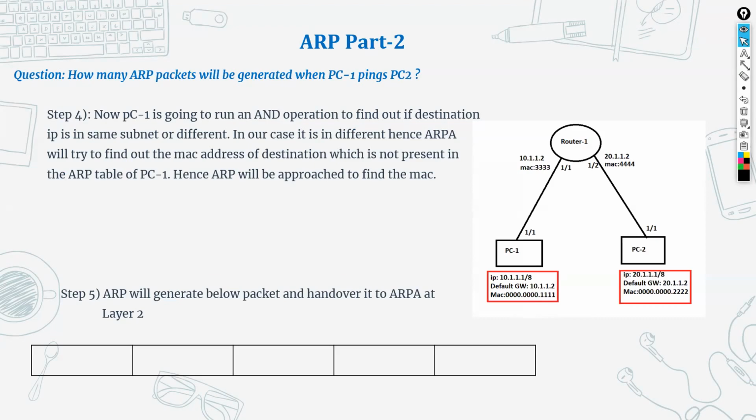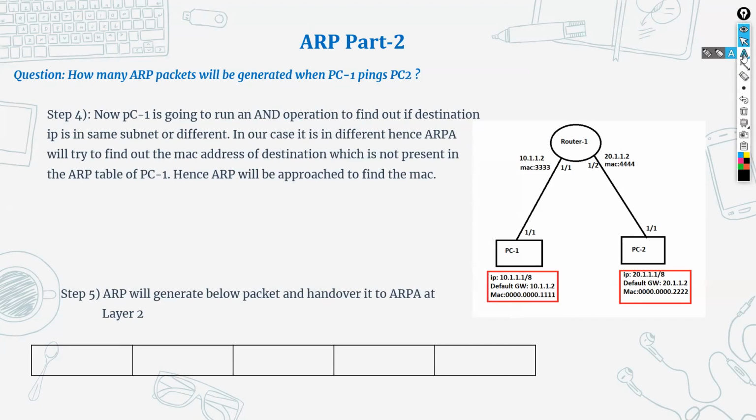So now ARPA is going to take help from which protocol? It is going to take help from ARP, right, to find out the MAC address of the gateway address, correct?